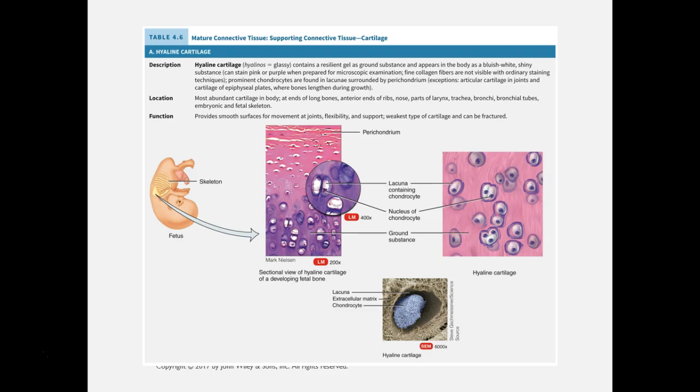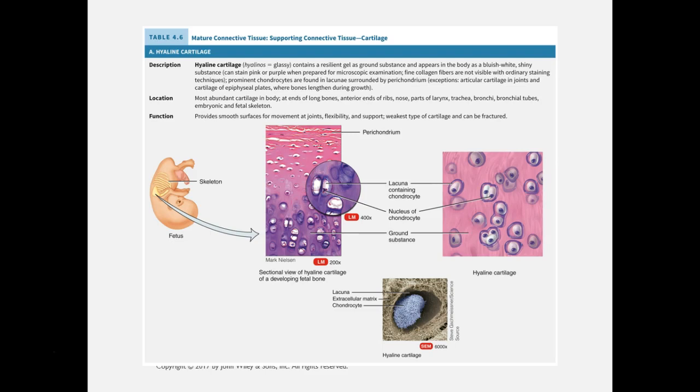We find this in parts of the larynx and the trachea, our respiratory passages, and it also makes up the embryonic and fetal skeleton. During development, our bones are not hard bones. They are simply a hyaline cartilage template that then has to become bone in a process we call ossification.